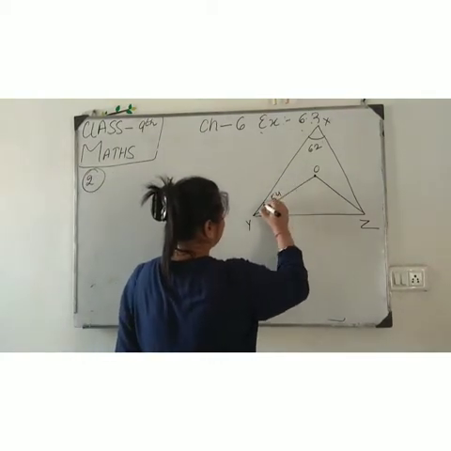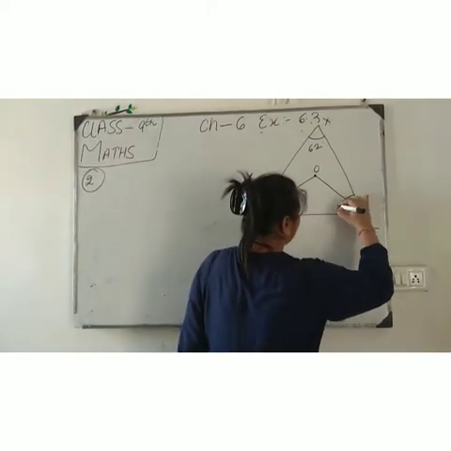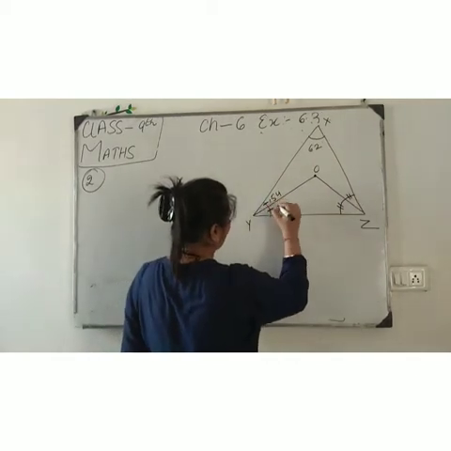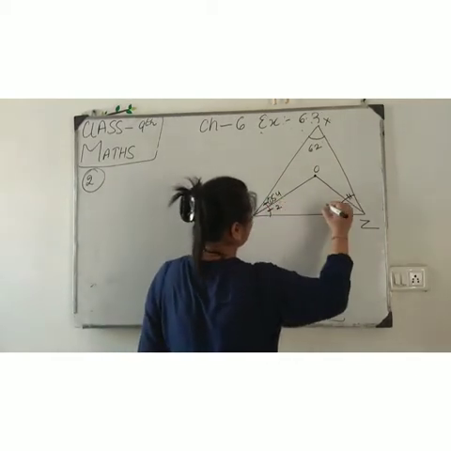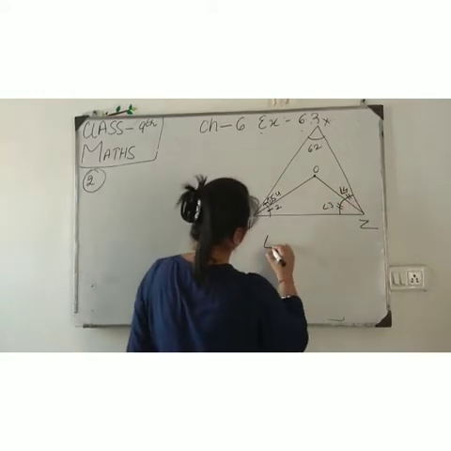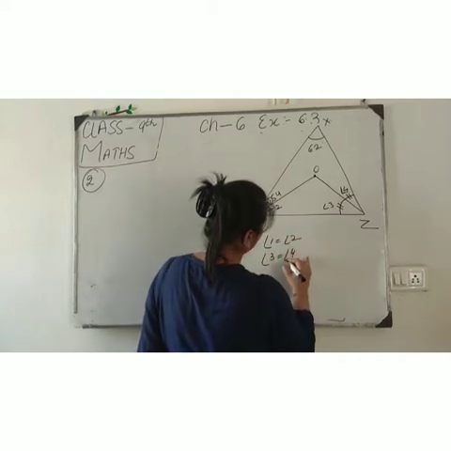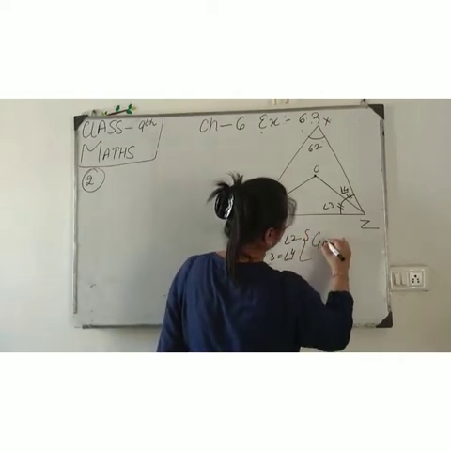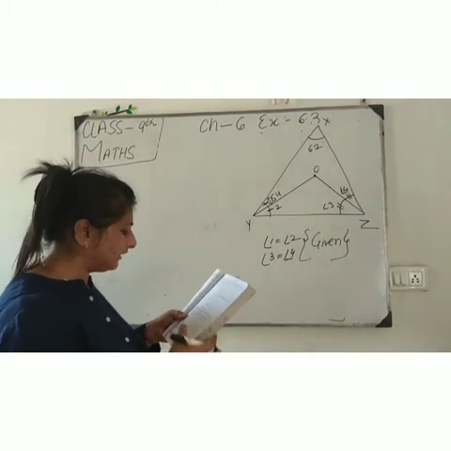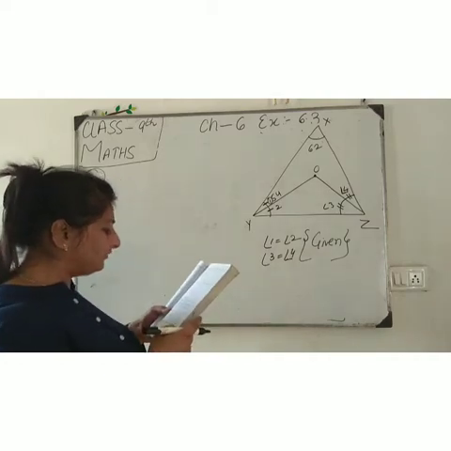It means this one angle is equal to this one, and this one angle equal to this one. In short, you can say angle 1, 2, 3 and 4. Clear? So, angle 1 equal to angle 2, angle 3 equal to angle 4. Reason: given. We are not considering it from our side, it is already given in the book. Find the value of OZY.